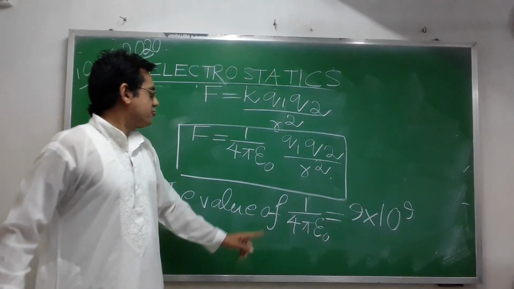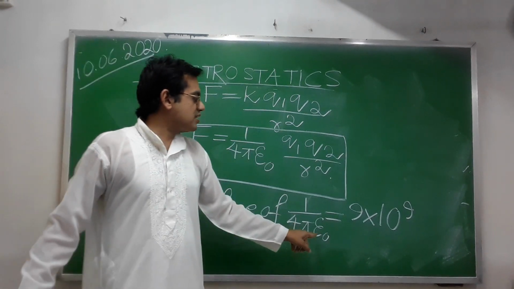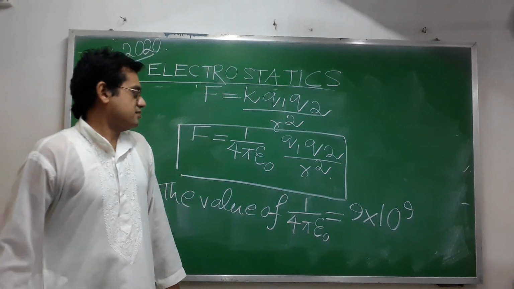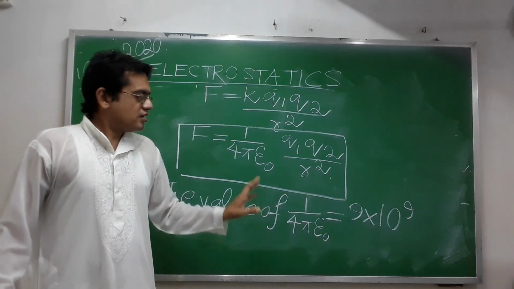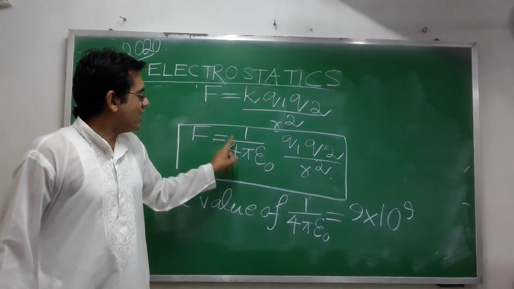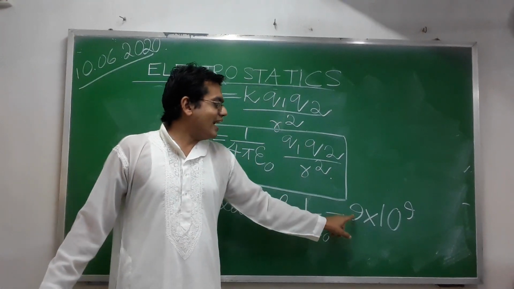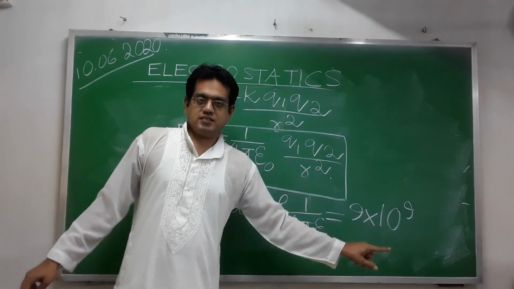The value of 1 by 4 pi epsilon naught is 9 into 10 to the power 9. Is that understood? I repeat once again, the value of 1 by 4 pi epsilon naught is equal to 9 into 10 to the power 9.